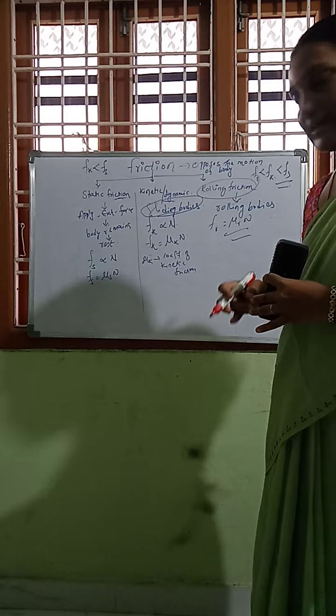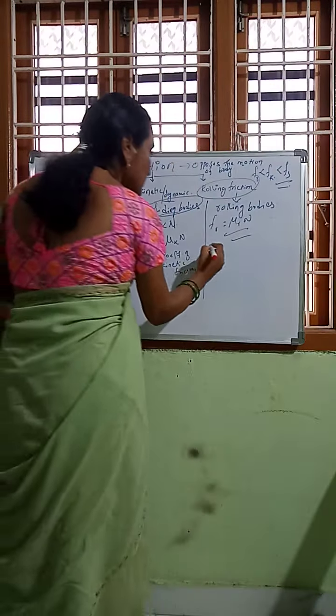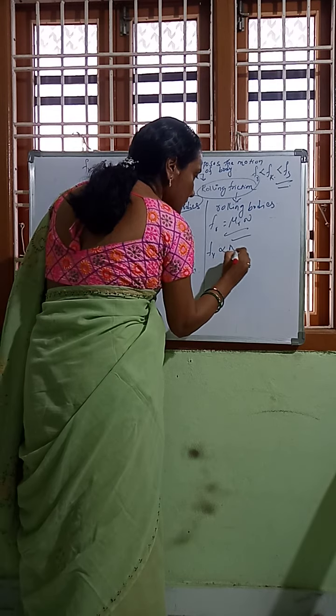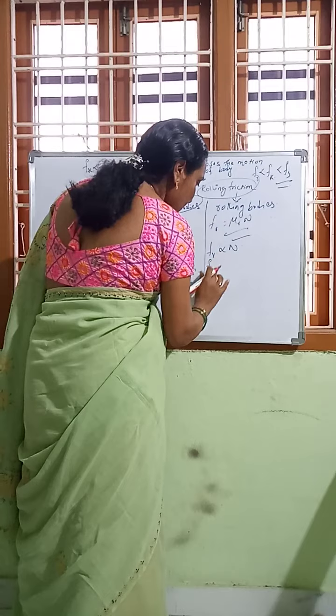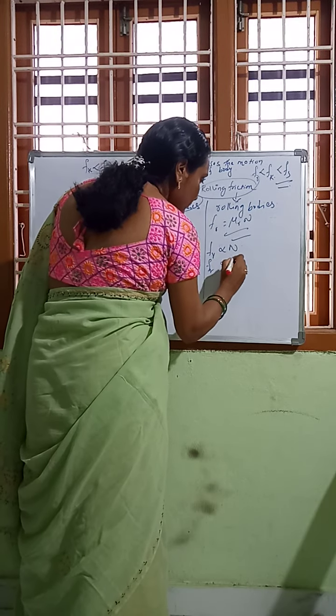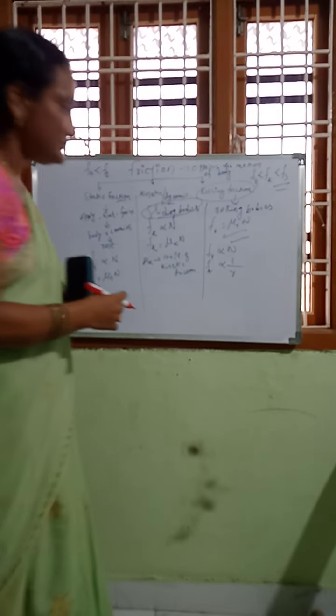Right? Now, laws of rolling friction. One: rolling friction is directly proportional to the normal reaction force. Two: rolling friction is inversely proportional to the radius of the rolling body.